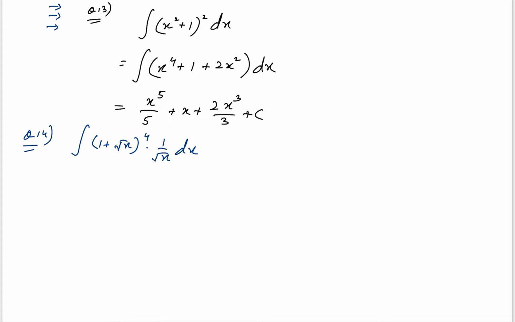If the function is (x square plus 1) whole cube times x dx, then we know that the derivative of x square plus 1 is 2x, so the derivative exists here. But in this case we don't know the exact derivative of this function, right? So in that case, what will you do?